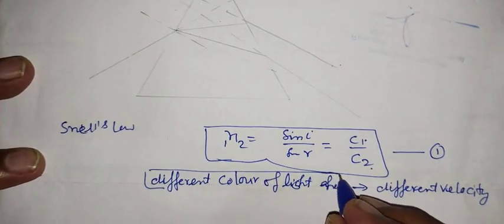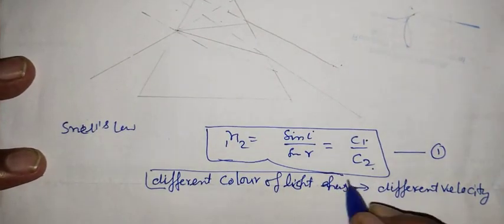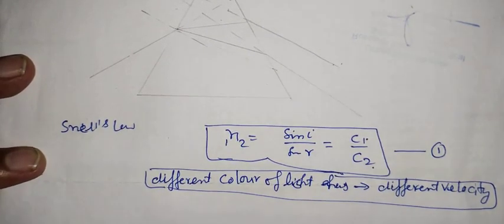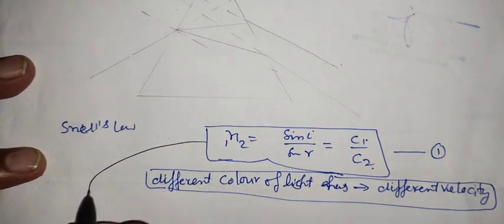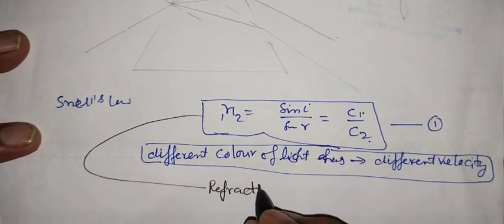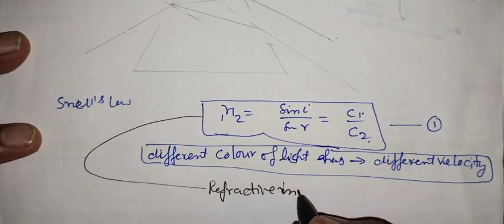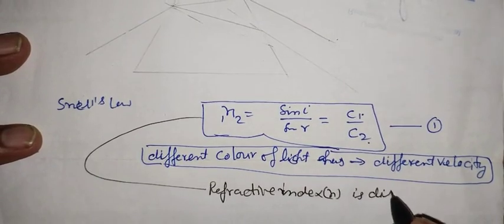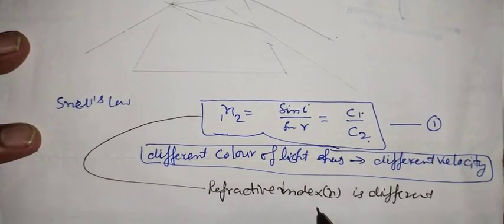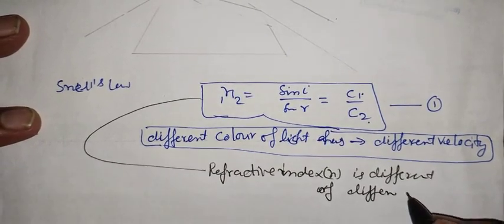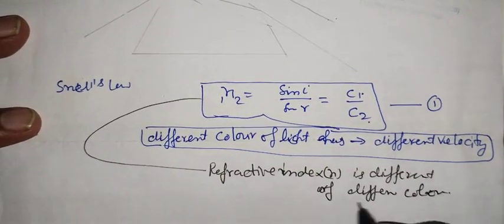If different colors of light have different velocity, then it is clear that refractive index n is different for different colors.